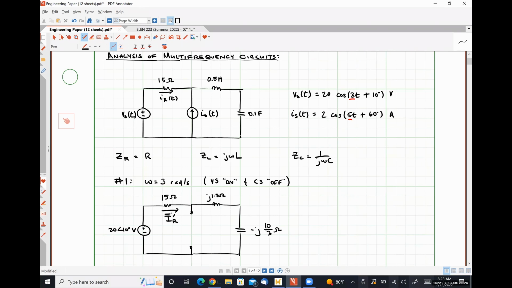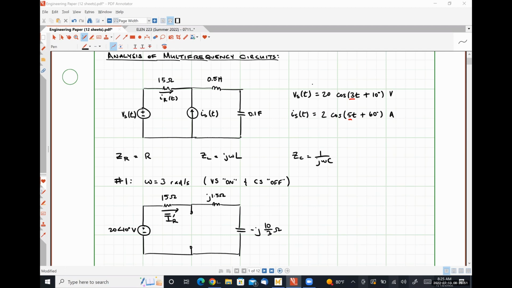So how would we solve for this current IR prime? Anybody have an idea?